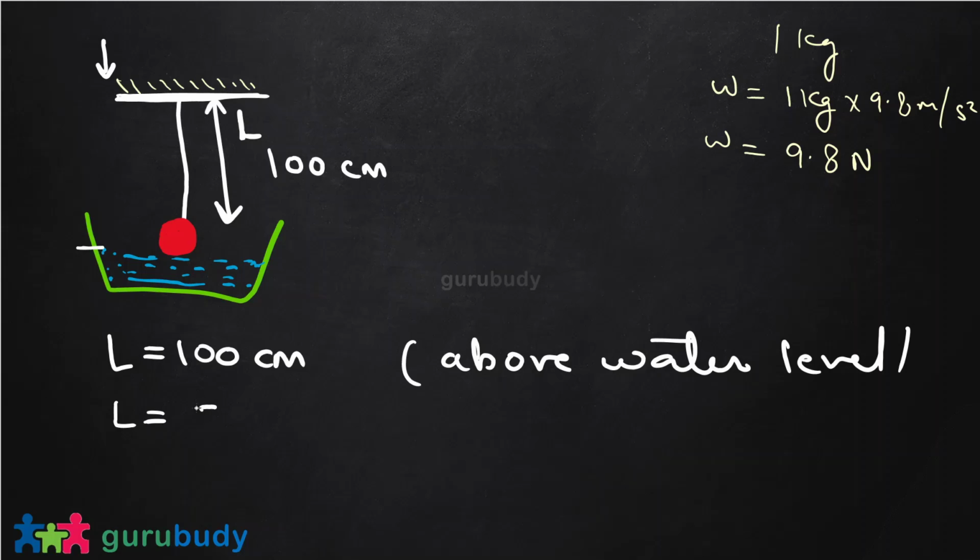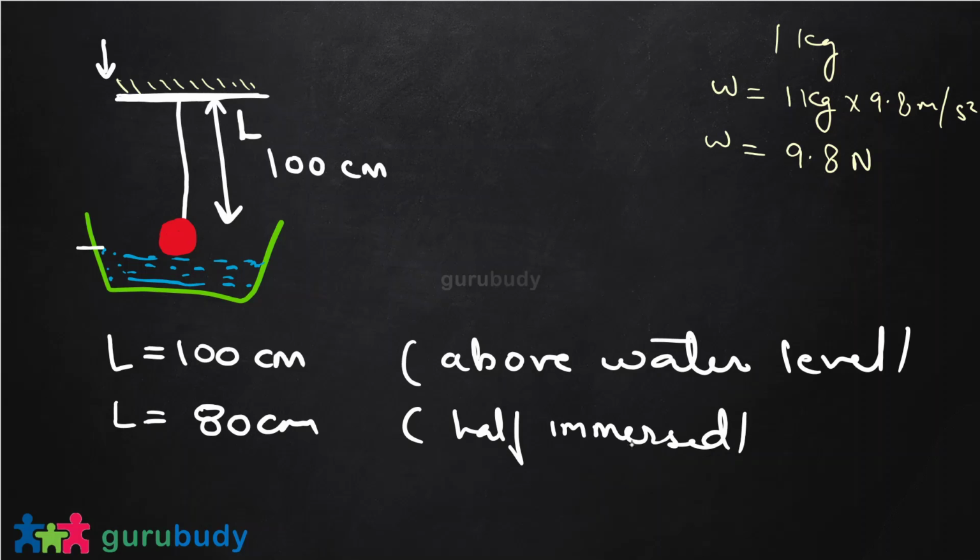So I'm going to take some examples here. Let's say the length of the string becomes 80 centimeter when the stone is half immersed in water, and the length of the string is like 60 centimeter when it is fully immersed. Okay.